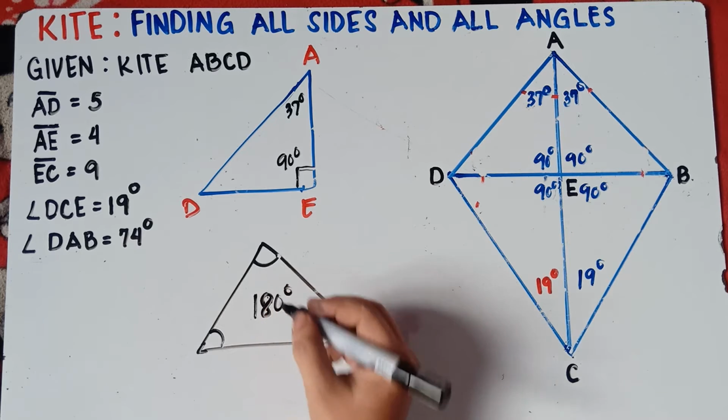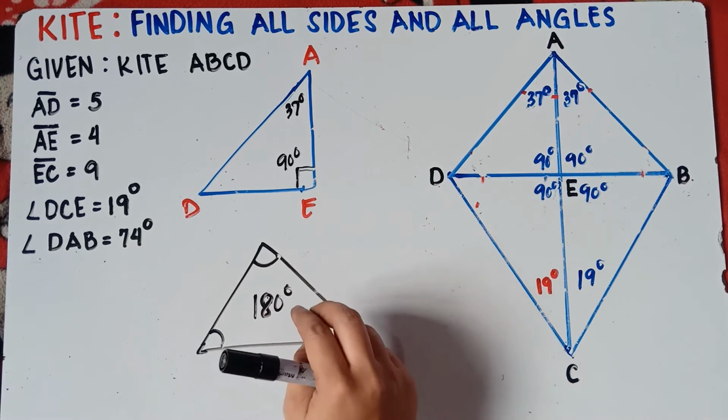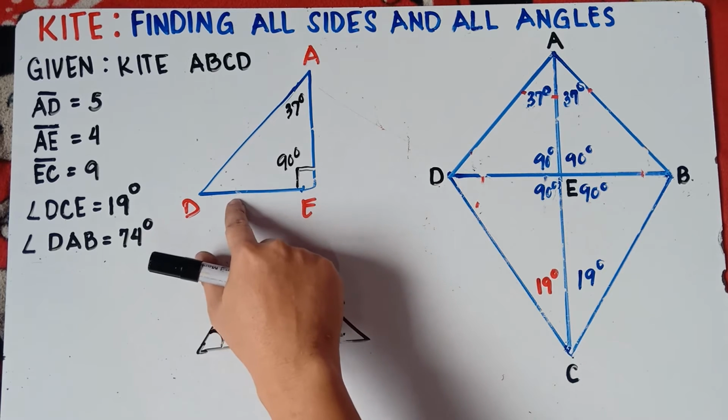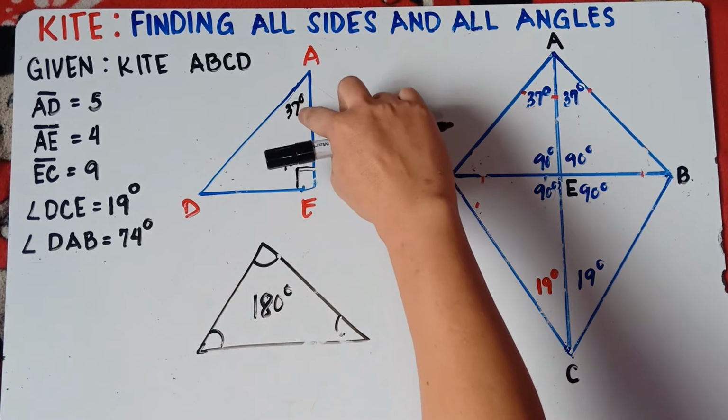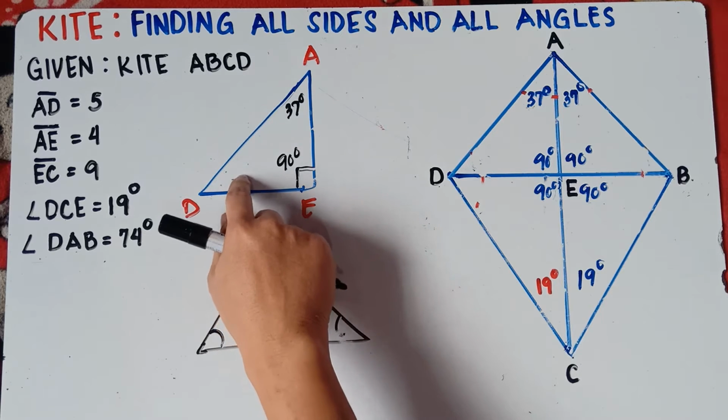Okay, always remember that one, class. Any kind of triangle, the sum of interior angles should be 180 degrees. Therefore, to get this angle right here, we just need to add this 37 and 90 and subtract it from 180.